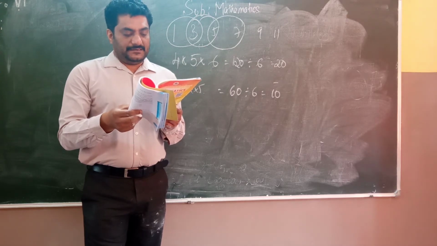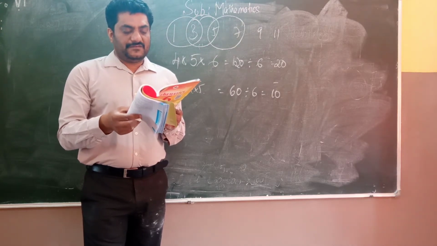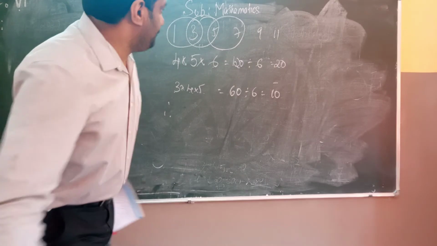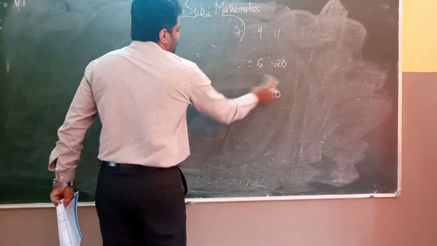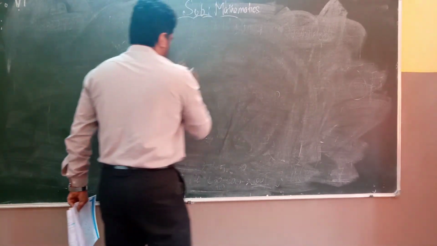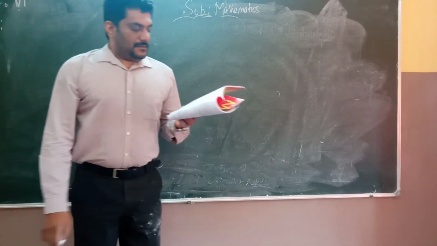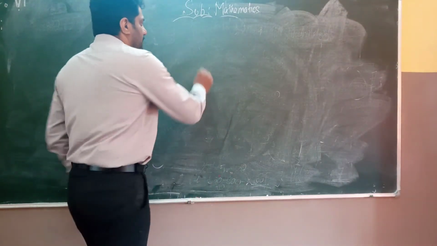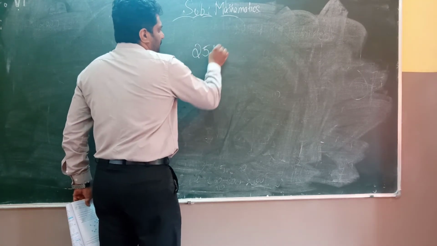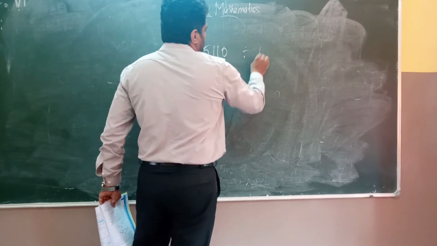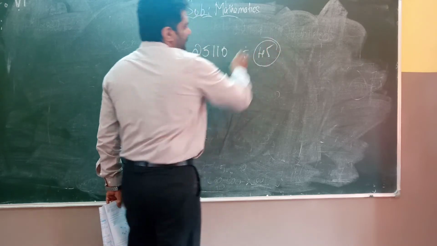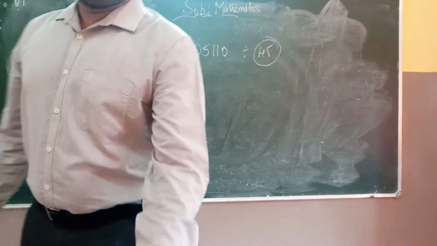Now determine if 25110 is divisible by 45. Now, how do we do this?